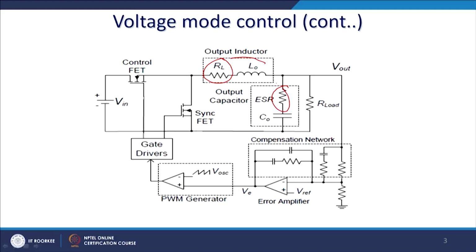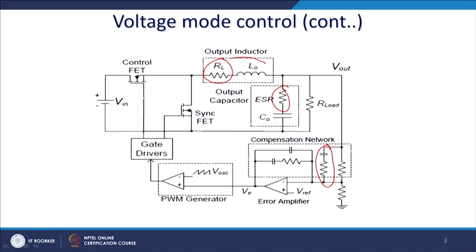Generally what we do, we have this noise suppressor, and we scale down the output voltage, and this is compared with the V reference.